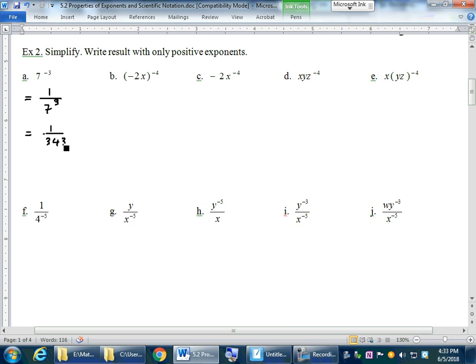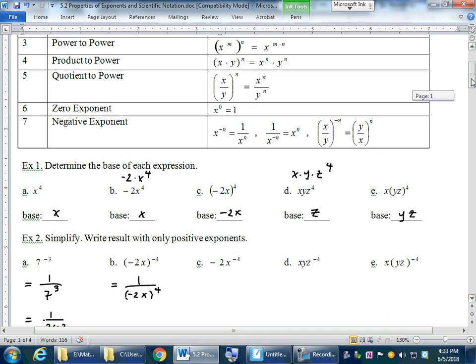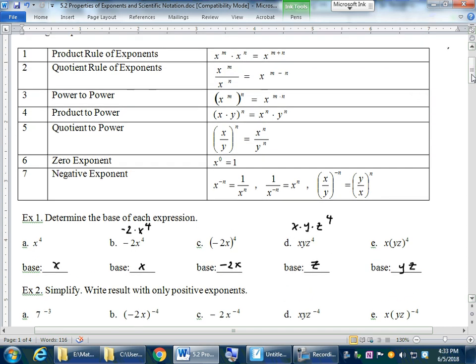Next, in this case, first I'm going to change this negative exponent to a positive exponent, which becomes negative 2x to the 4th power. And then I'm going to use property number 4.